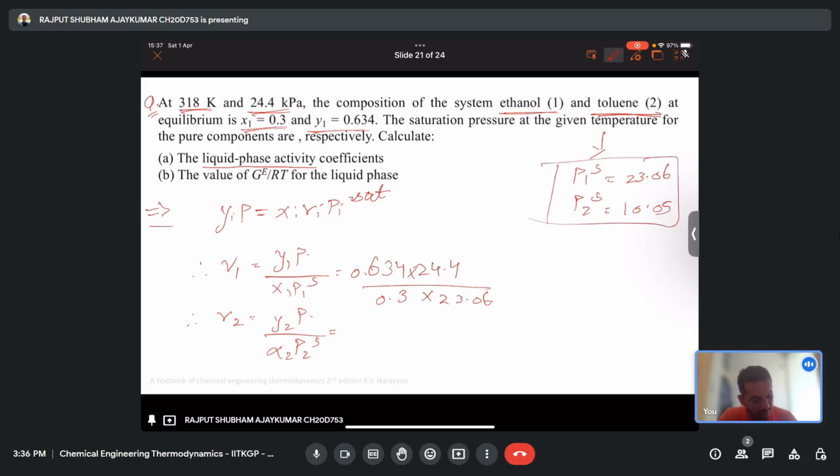There is a printing mistake here, but the saturation vapor pressures are already mentioned, so don't worry about that. Similarly, y2 is 0.366 into 24.4, divided by x2, which is 1 minus 0.3, that is 0.7, into P2 sat 10.05. If you solve this, you will find the values of gamma 1 and gamma 2: 2.23 and 1.26.